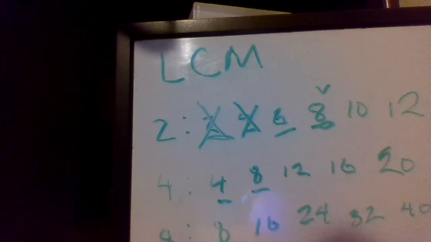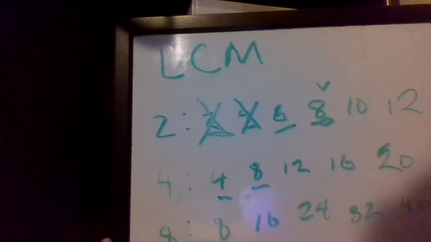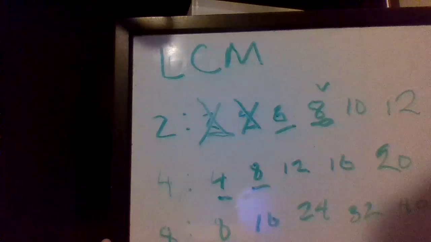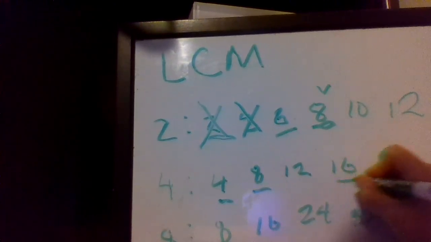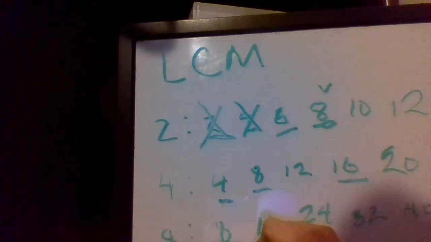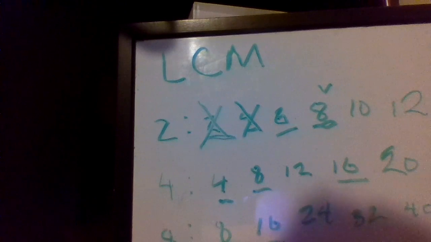So if we kept going here, we would have 14 and 16. So we've got a 16 here, and a 16 here, and a 16 here. But what's wrong with that? Think about that for a minute. What's wrong with that? Why can't that be the least common multiple? So that's a common multiple.